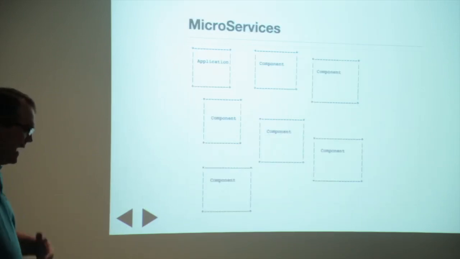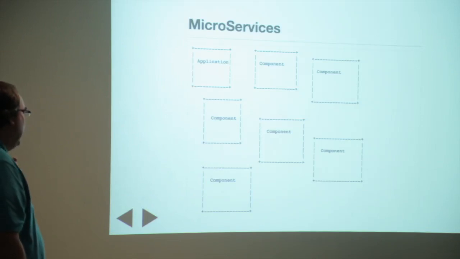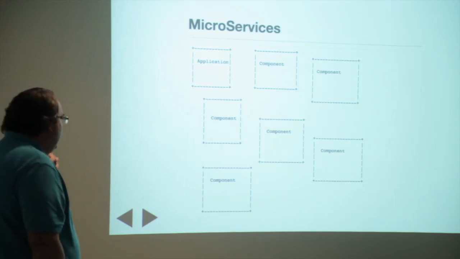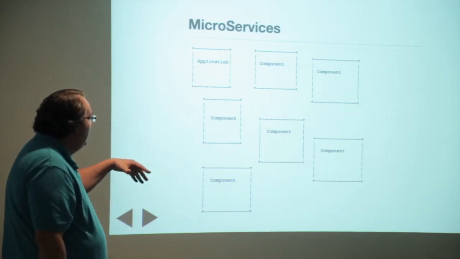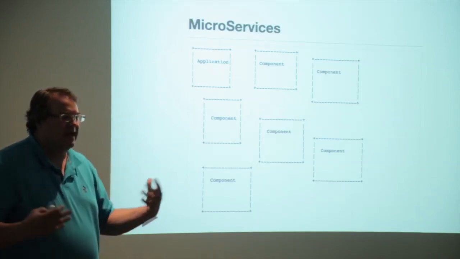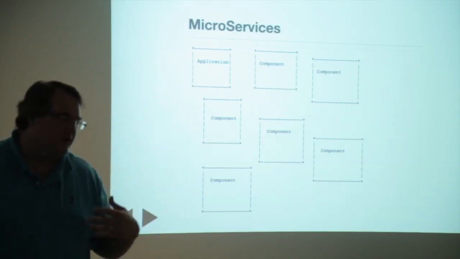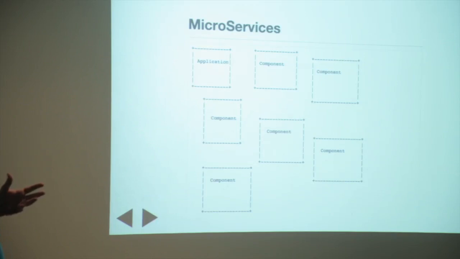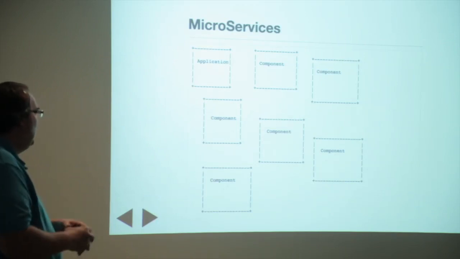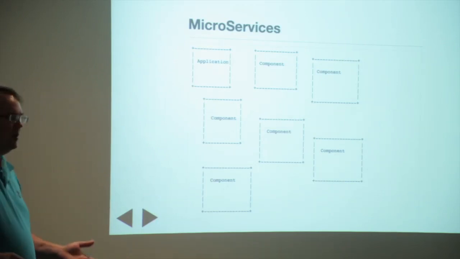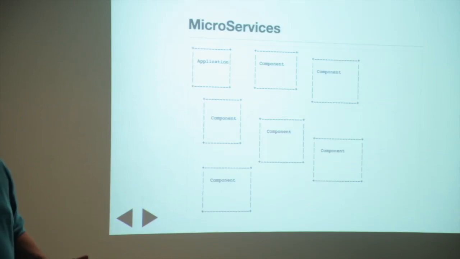So imagine that you have an application, but instead of all of those components being in process, they actually exist outside your application. And you're using different mechanisms to communicate to those components, and they all work together, but they all can be deployed independently.